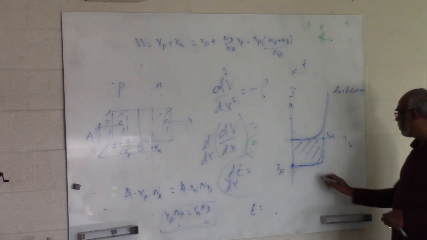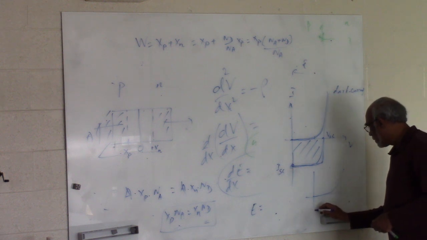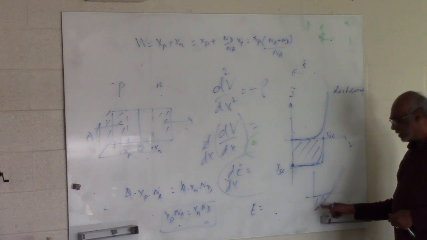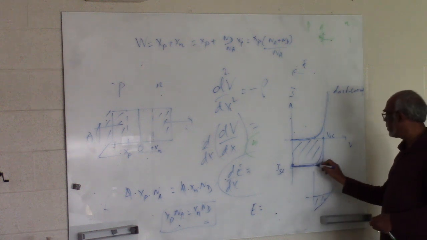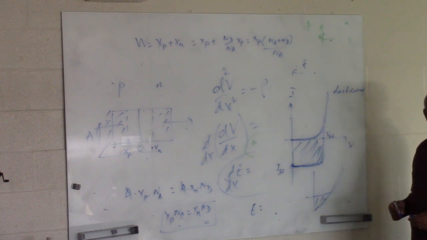If your solar cell is bad, it can be something like this. That's not good, right? VOC and ISC are pretty small. You need as large a fill factor as possible to make it more rectangular.